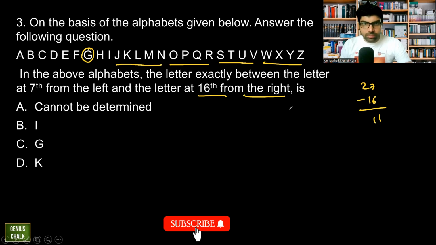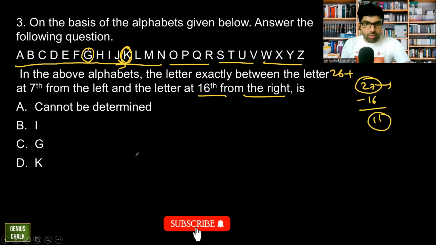But directly, 16th letter has to be K, right? So 16 letters from the right is K, or you can subtract from 27 because 26 letters are there, but we always take one more. So 27 minus 16, that is 11. So 11 from the other end, that is K.